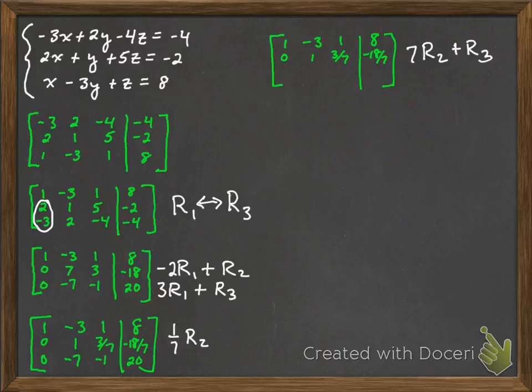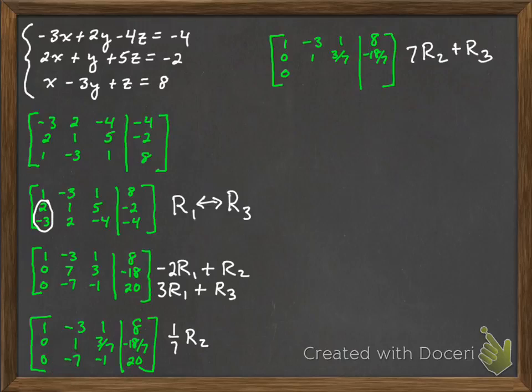All right, so just following along, 0 times 7 is still 0. Added to a 0 is still a 0. Those don't change. 1 times 7 is 7.